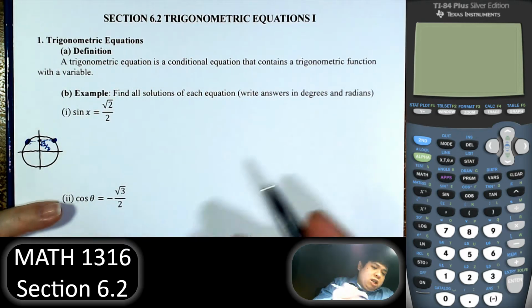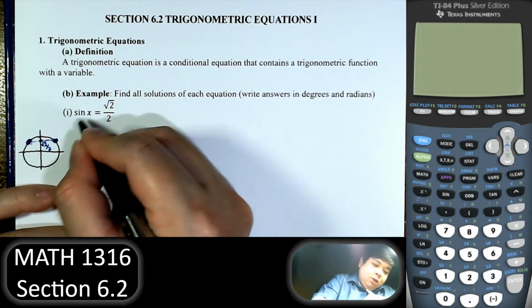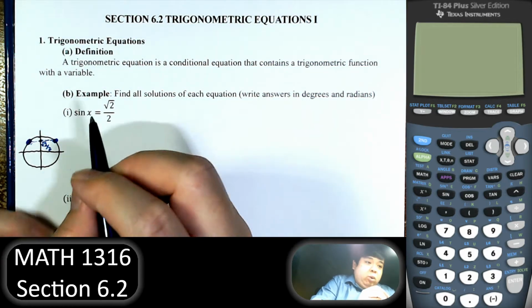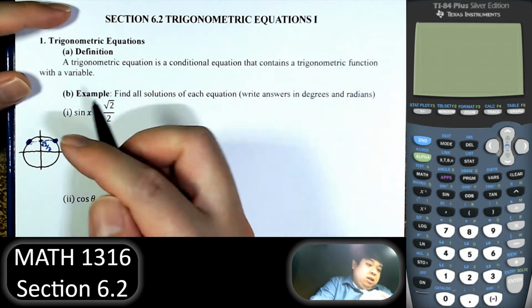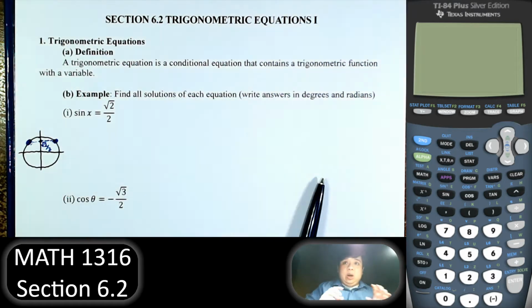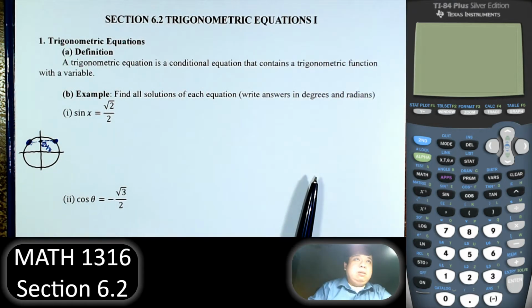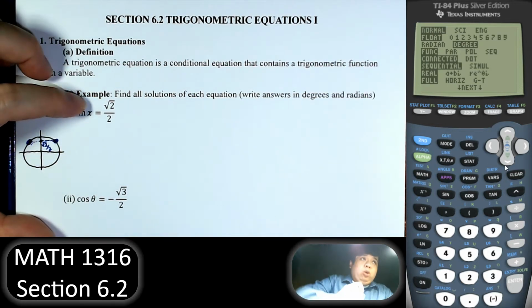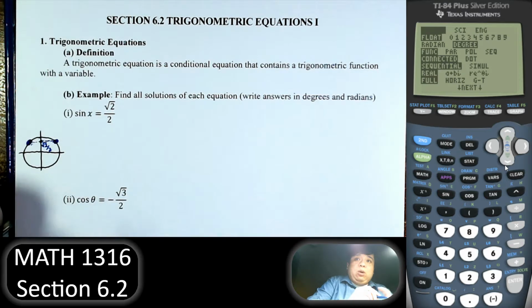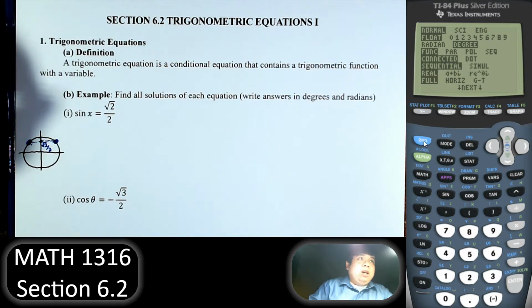So at first let's just write the solution. If sine x equals this, by the way, in the previous section we learned about inverse functions. We might use that, but this is not going to be the only answer we have. Keep in mind, you can look at the unit circle, or if you use a calculator, that's not the only answer.